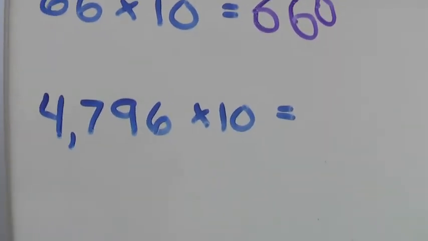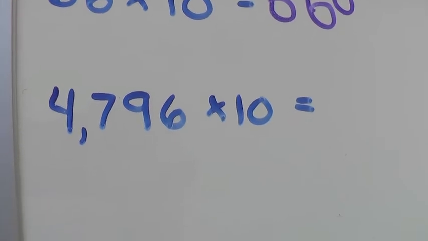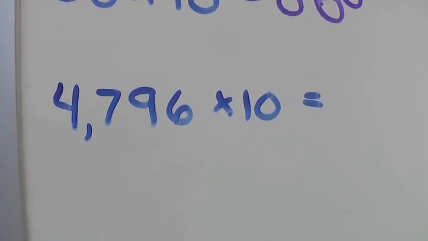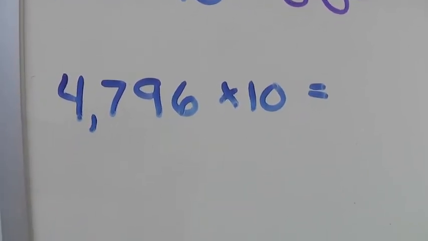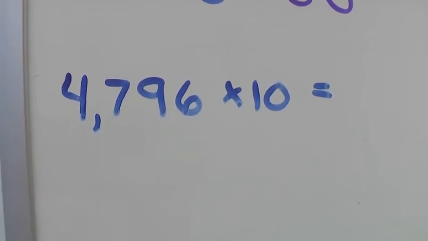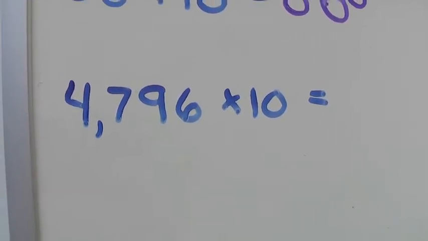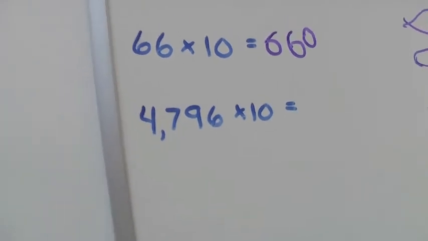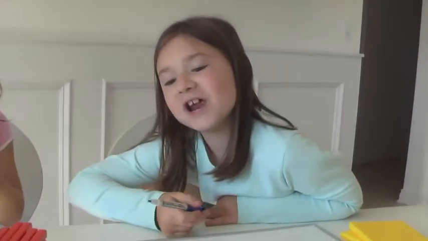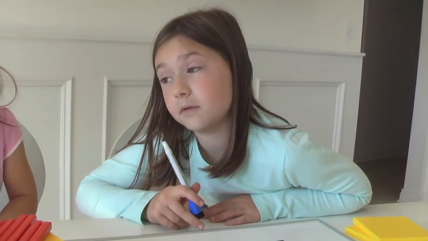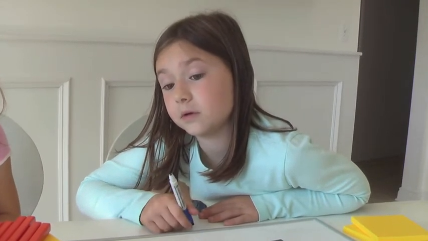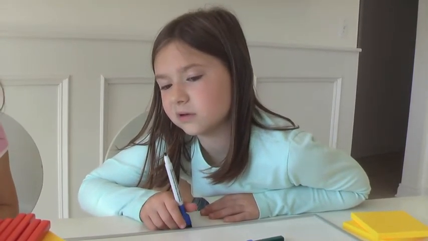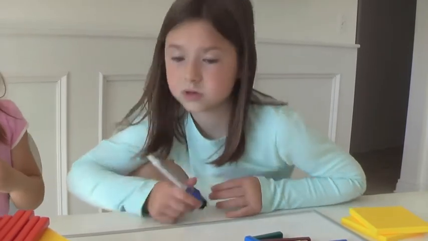All right, Zoe, let's see if you can extrapolate this information and come up with the answer to 4,796 times 10. What do you think you're going to do? Do you want to write it first and then read it? Will that make it easier?